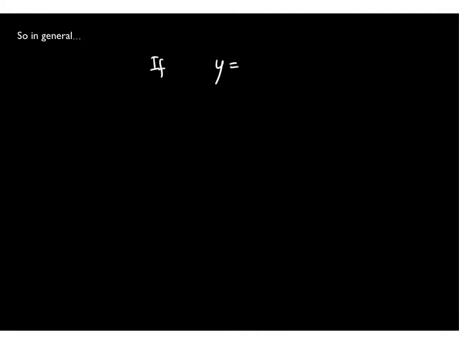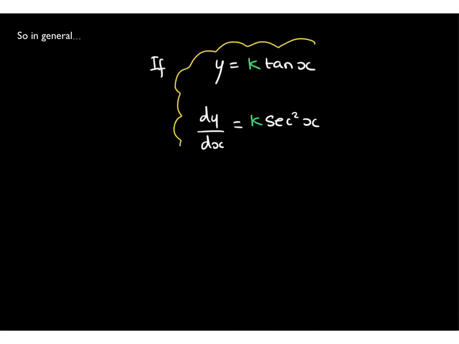If y is equal to some constant k multiplied by tan x, then dy by dx will simply equal k sec squared x. Now we will look at more complex derivatives involving trigonometric functions in just a moment.